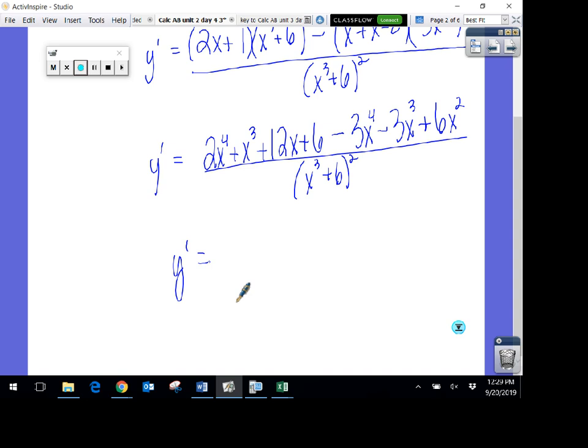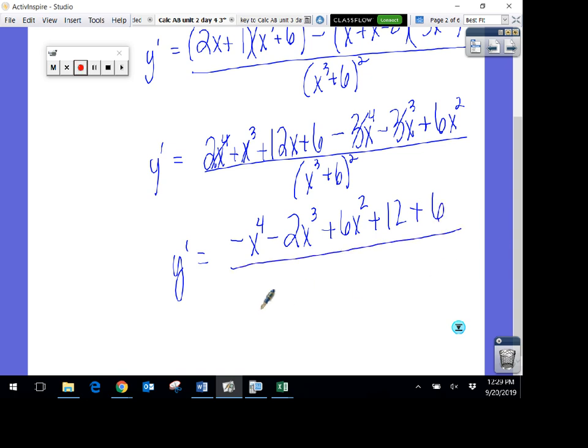So y prime equals negative x to the fourth minus 2x to the third plus 6x squared plus 12x plus 6, none of those are like terms, all over x to the third plus 6 squared.